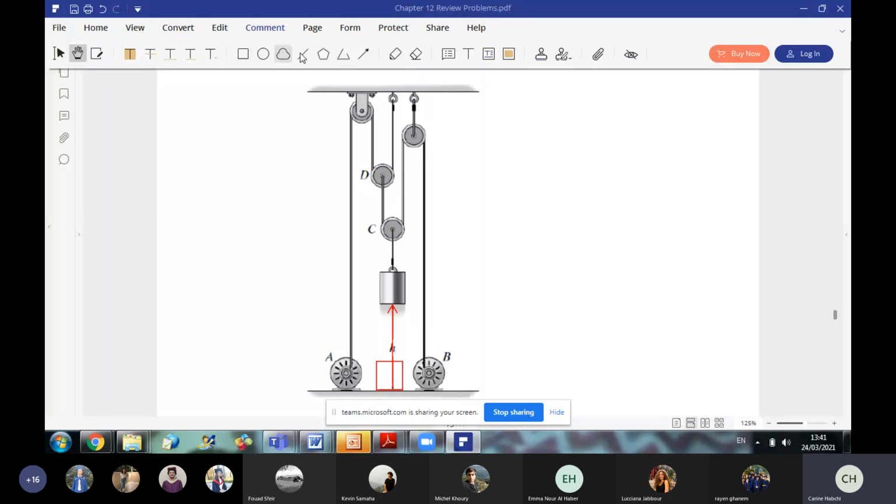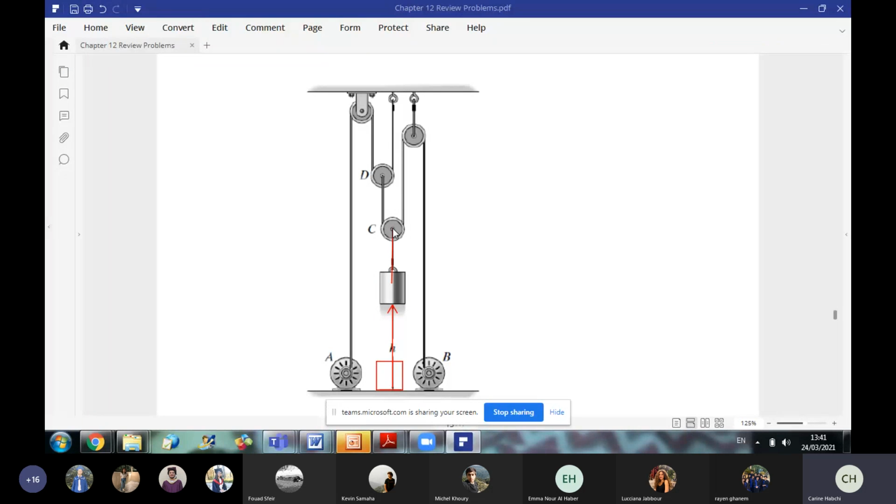But since your box is related directly to the center of pulley C, they will move together. So no need to take two coordinates, one for the block and one for the center of pulley C. It's enough to consider one coordinate for both.